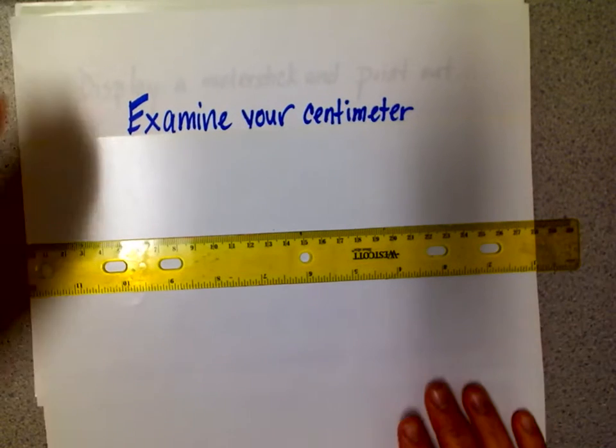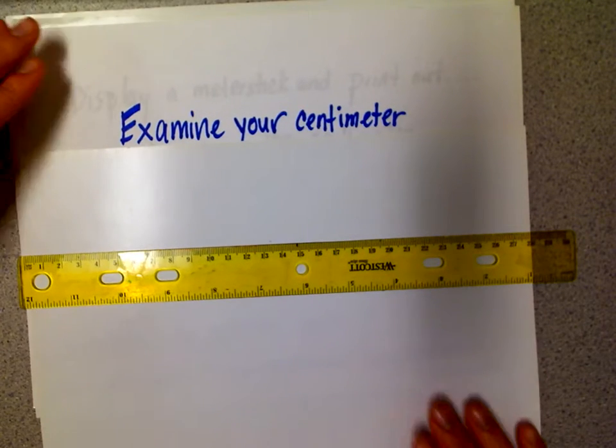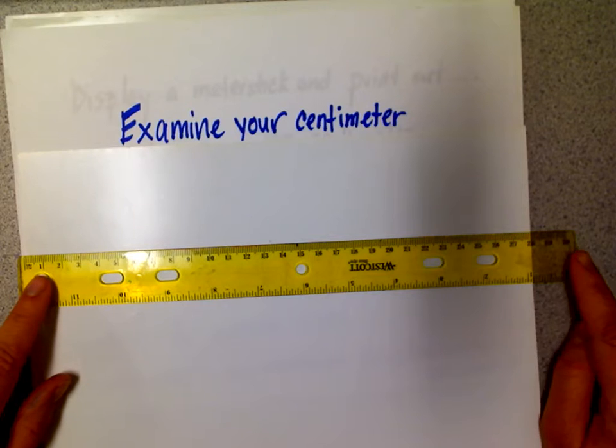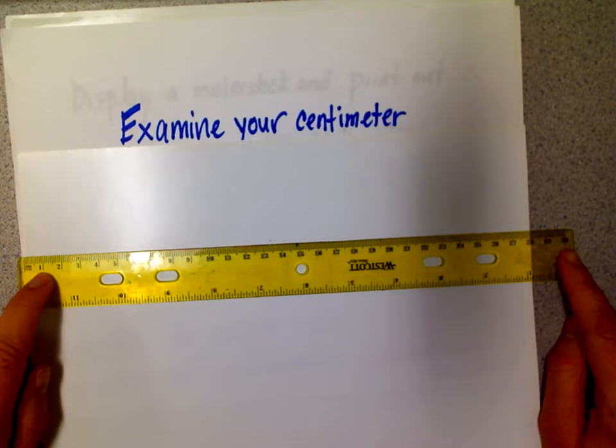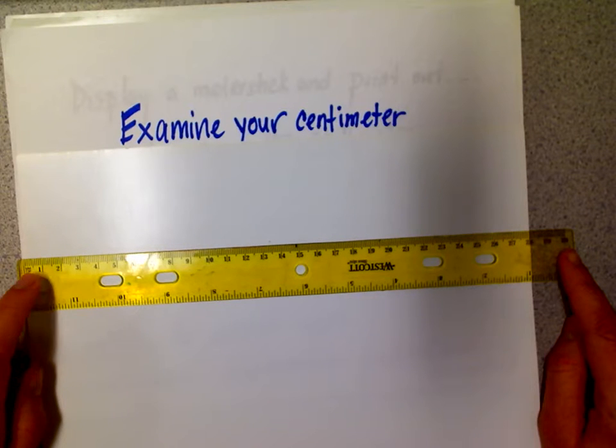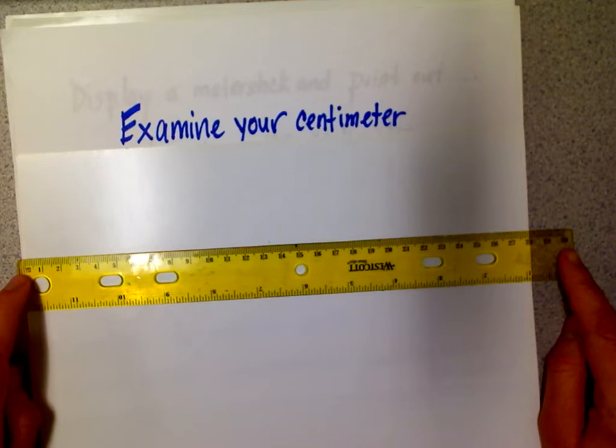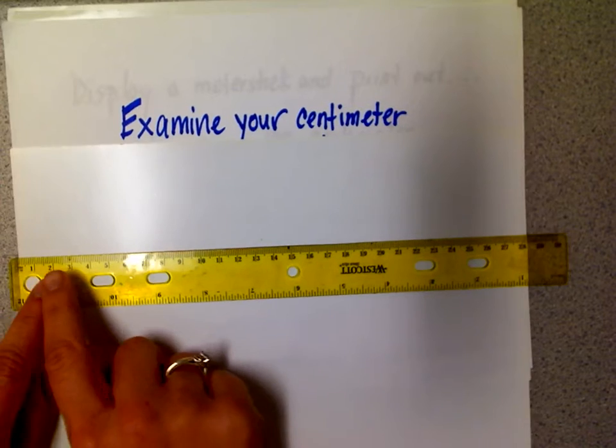So when I examine my centimeter ruler, again, I notice it's 1 to 30. I'm noticing there are long lines next to the numbers, and then there's a lot of little lines in between the numbers.